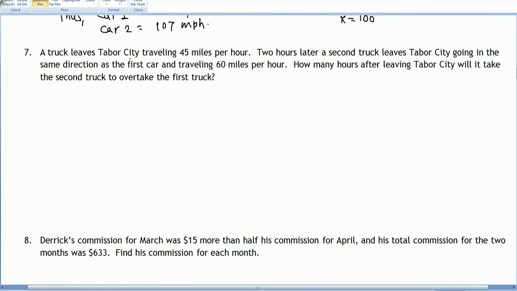A truck leaves Tabor City traveling 45 miles per hour.